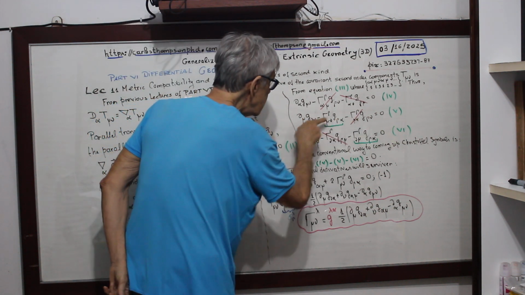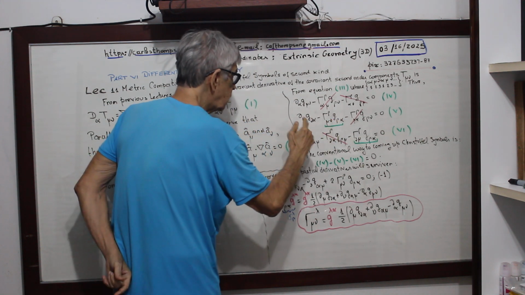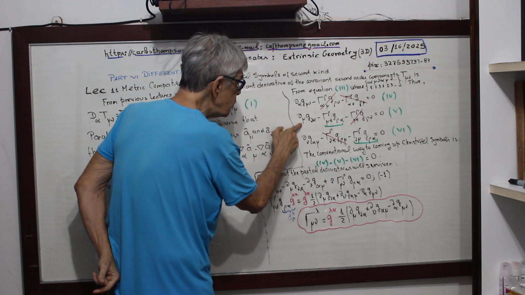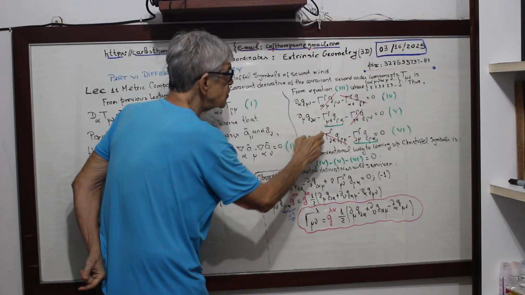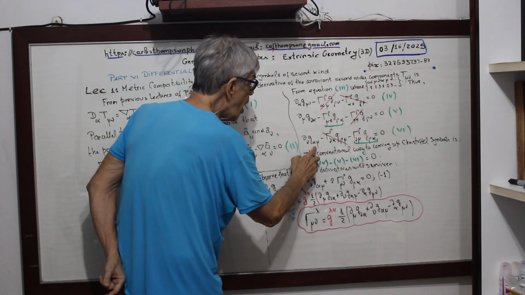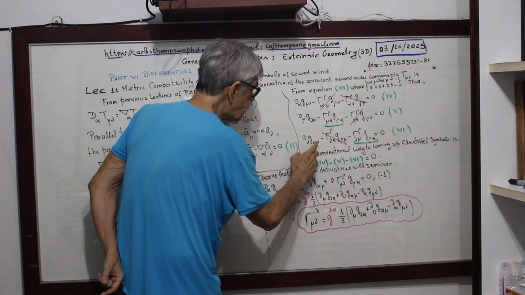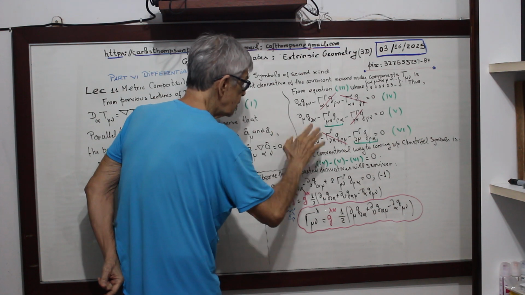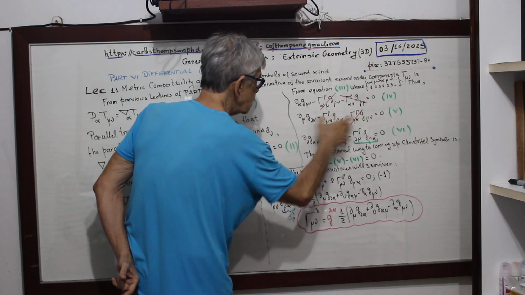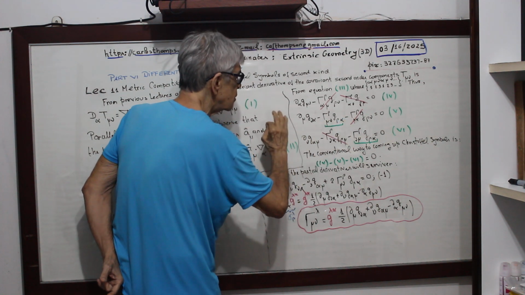Now I make the next permutation: after μ comes ν, after α comes ν, which will be the second equation here. Easy.